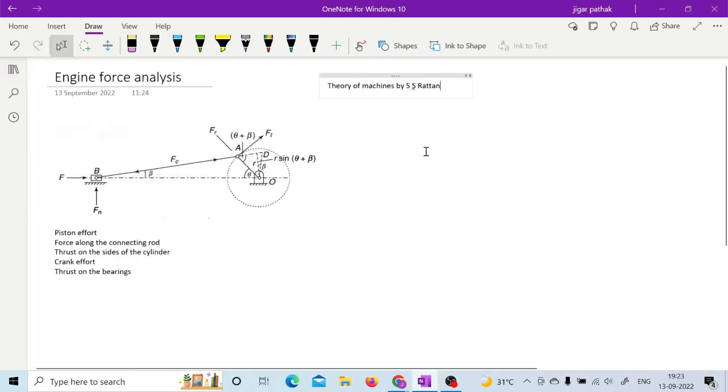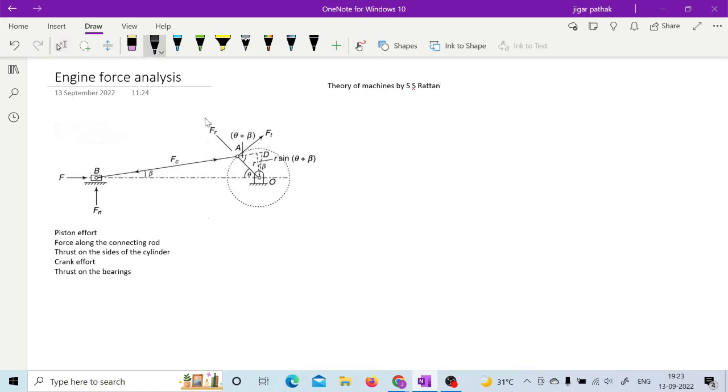So here in this slider crank mechanism, what are the forces acting? I have mentioned these forces as piston effort, then force along the connecting rod, then thrust on the sides of the cylinder, then crank effort and thrust on bearings, right? Piston effort is mentioned with the notation F. The force along the connecting rod is given by Fc.